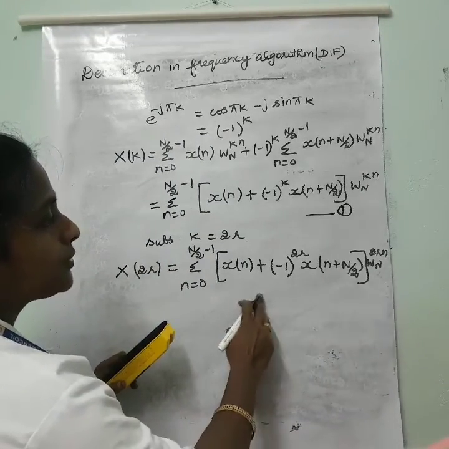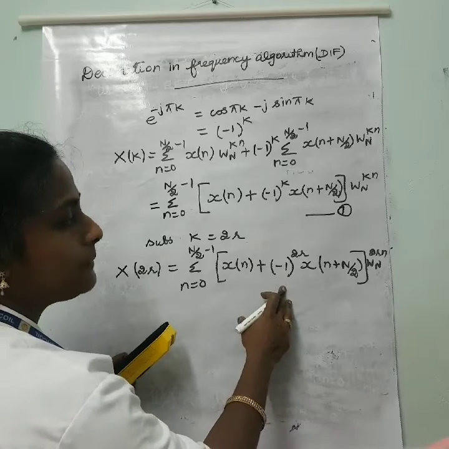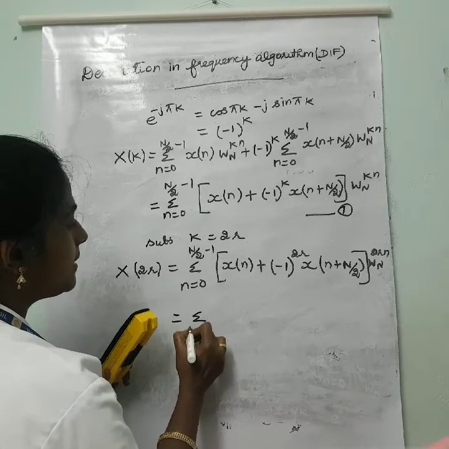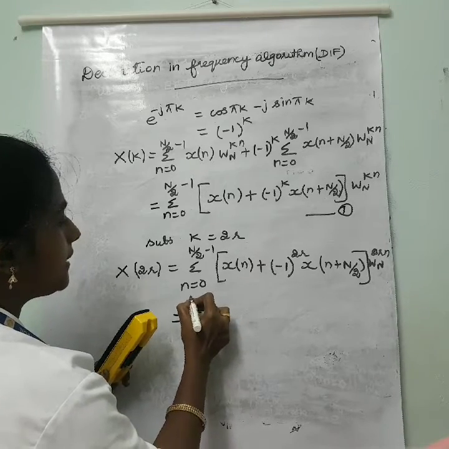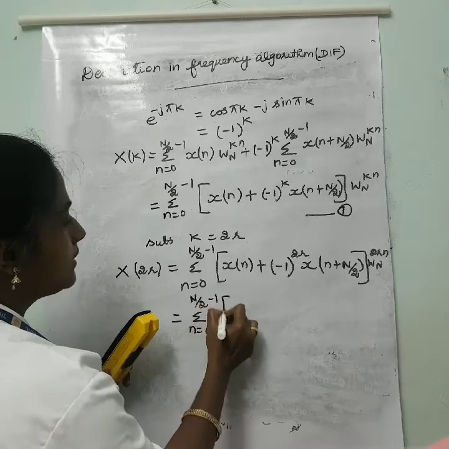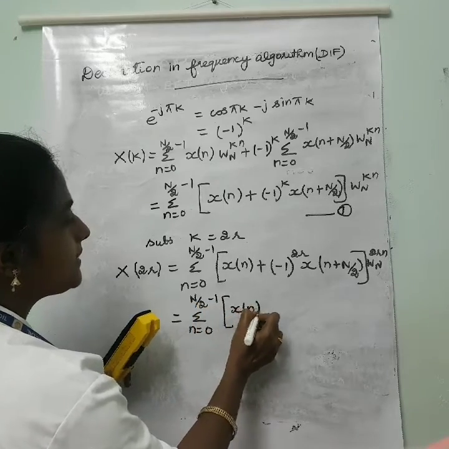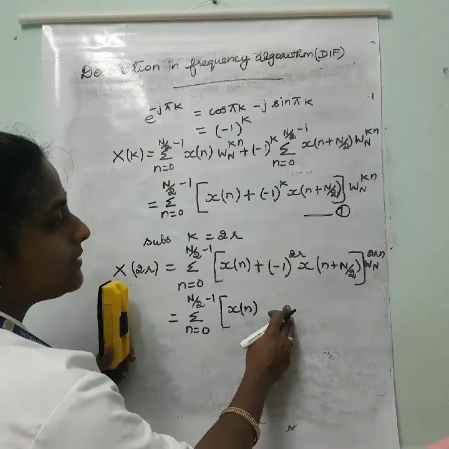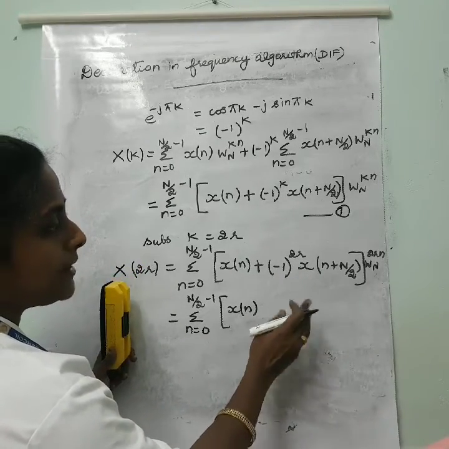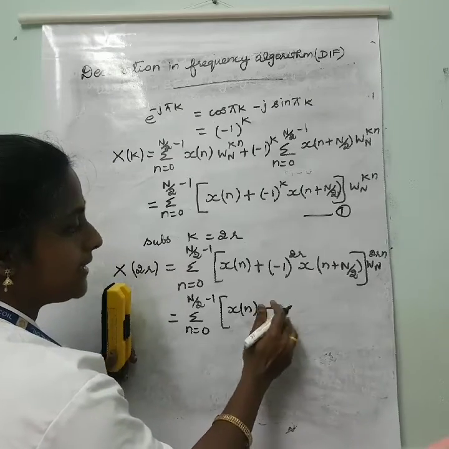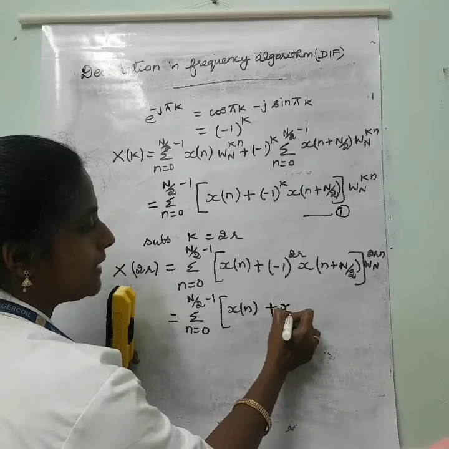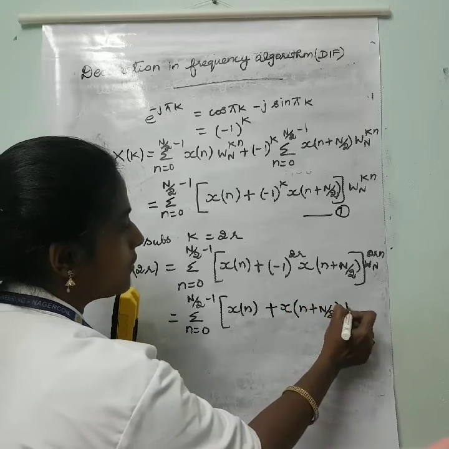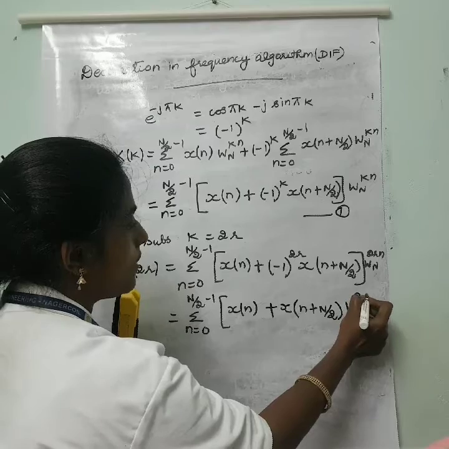When k is equal to 2r, meaning an even term, minus 1 power any even value is positive. So this equation becomes summation n is equal to 0 to N by 2 minus 1 of x of n plus 1 into x of n plus N divided by 2 into W_N power 2rn.